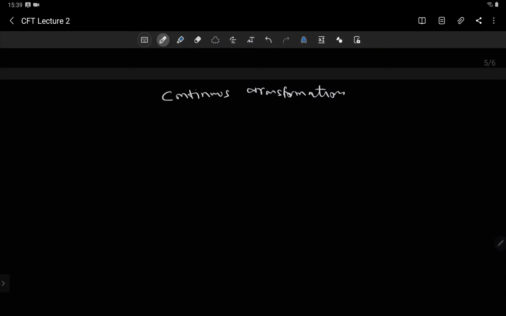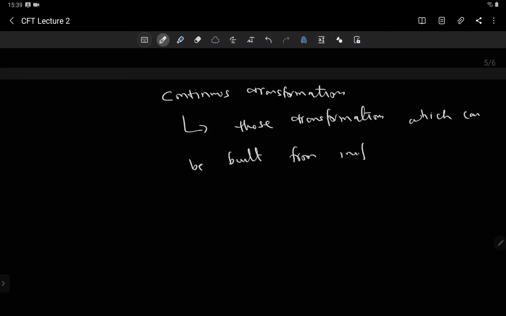Both of them are Lorentz transformations, but what do the continuous transformations mean? They mean those transformations which can be built from infinitesimal transformations.